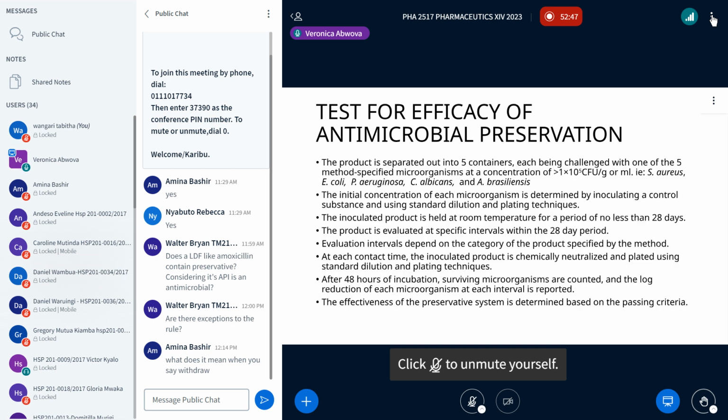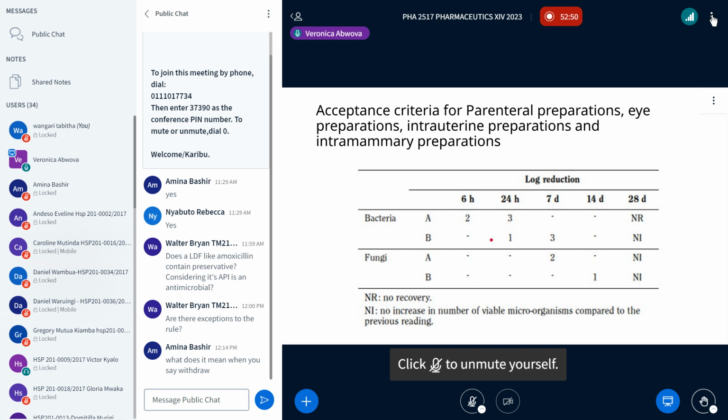And how are we doing that? We withdraw an amount after 6 hours to see whether we still have any viable microorganisms in the product. At 24 hours, do we still have any microorganisms in the product? At 7 days, at 14 days, at 28 days, do we still have any microorganisms in that product?